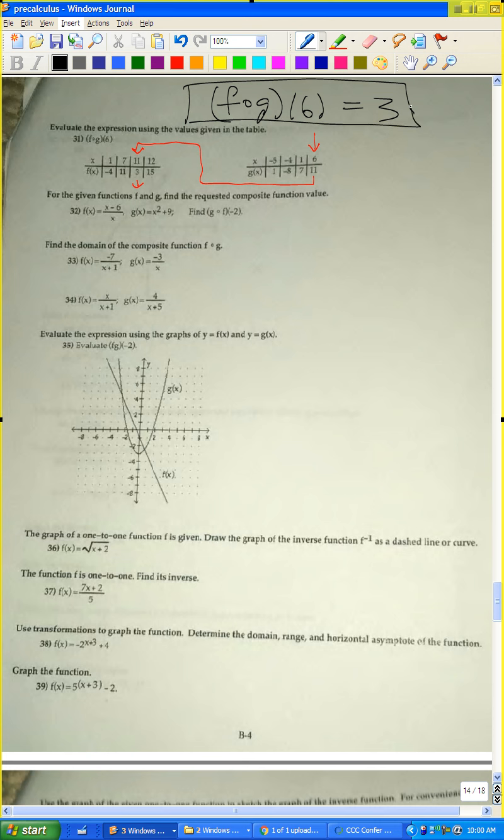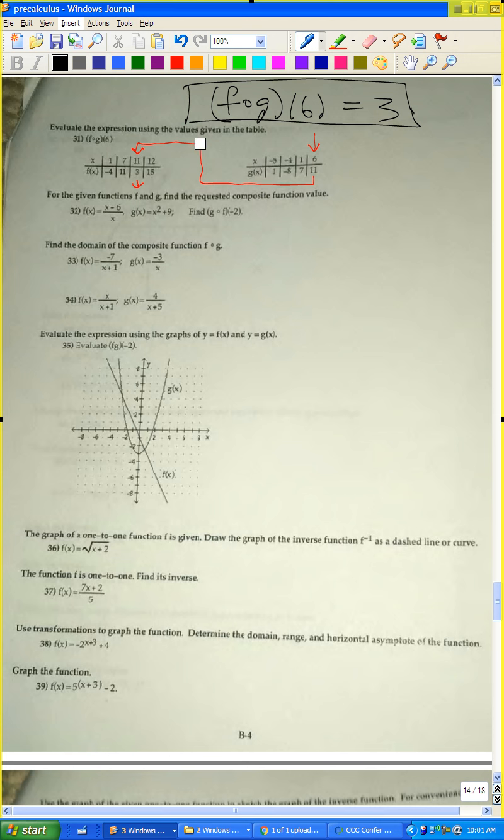So that's all you had to do for that particular problem. Okay? Right. So you see that I have here a 6 and it's a g. For g, I input 6, the output is 11.